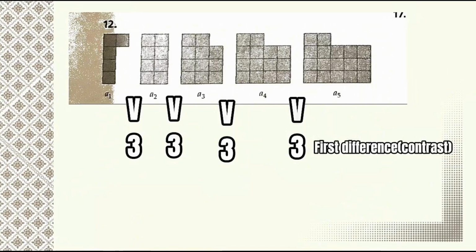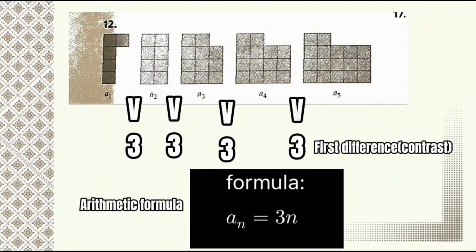So basically, it is constant. Then if it is constant, it is okay. Then it is very clear that this problem is following the arithmetic sequence rule or formula. So it is basically very simple because it is already constant. So that's all, and thank you.